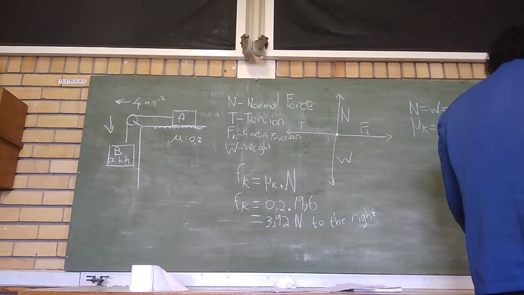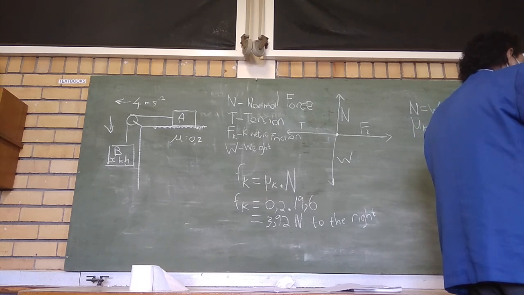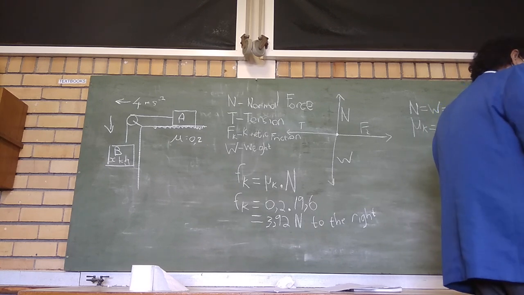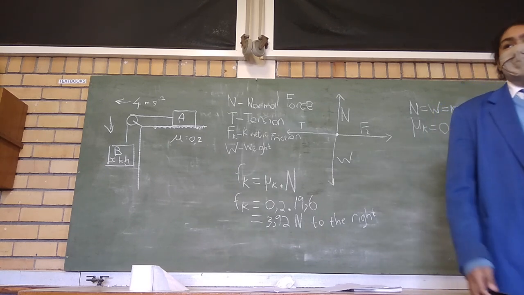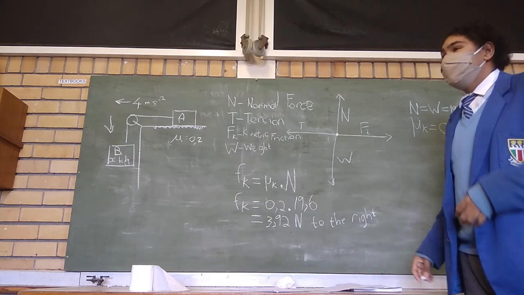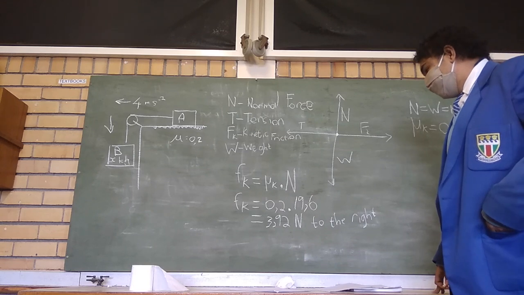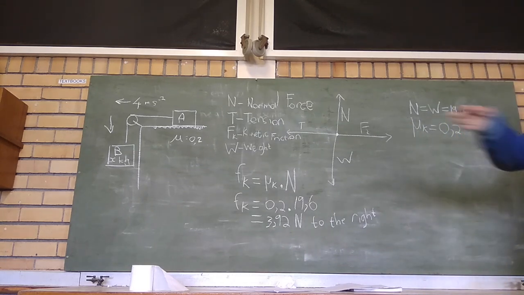Why is that? Because friction is resisting. So we worked out the magnetic friction. Can the camera get you? 3.92, is that right? Yes. You still have plenty more to work on either side, so carry on.